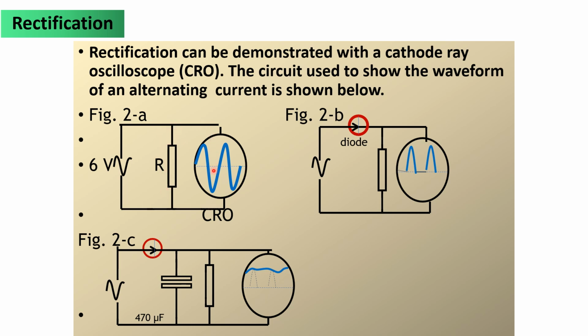And as earlier described, when we say alternating current, we can imagine the waveform to look like what is shown in this cathode ray oscilloscope. So you will see a sinusoidal waveform.